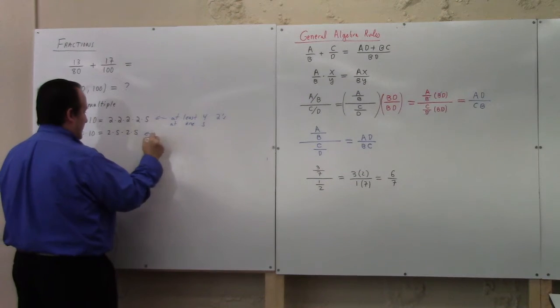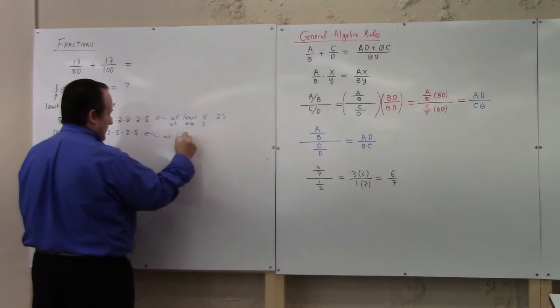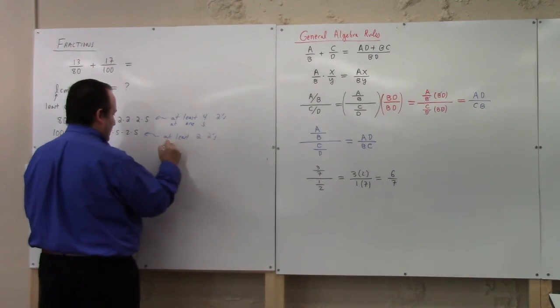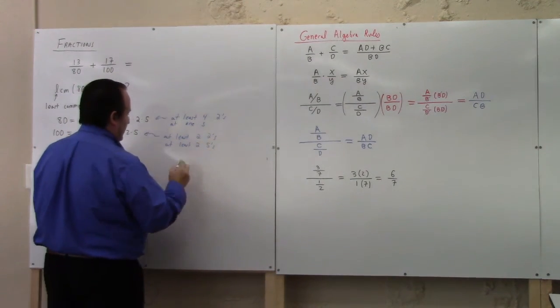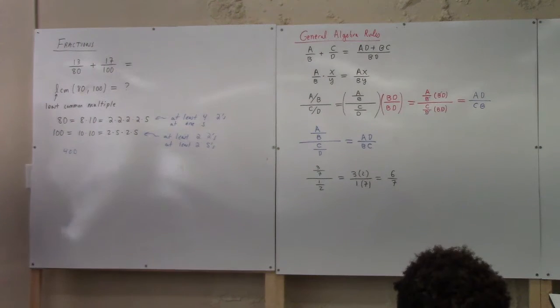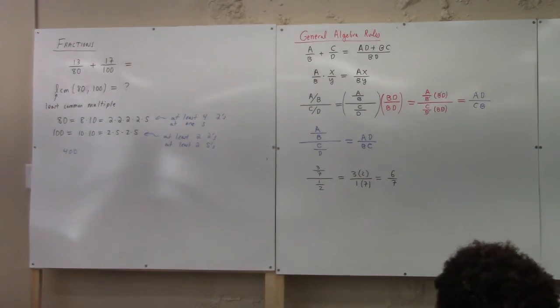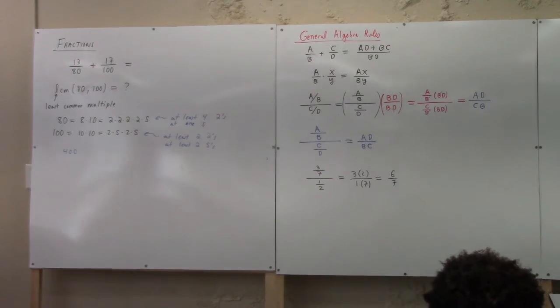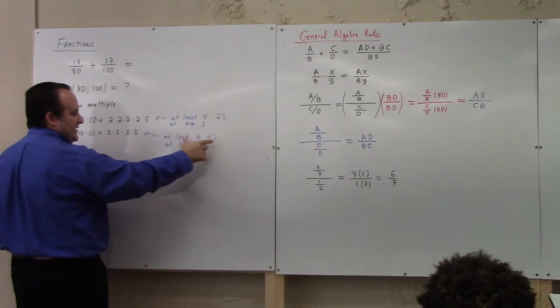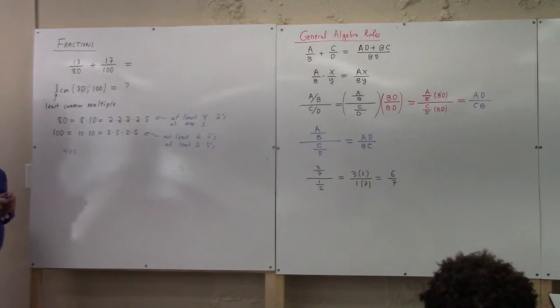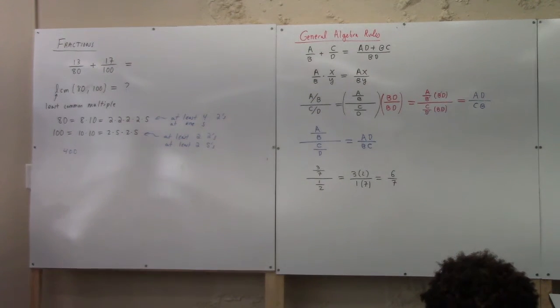From the second one, I need at least 2 2s and at least 2 5s. We need all of these conditions to be met for the least common multiple. If we have at least 4 2s, we automatically satisfy at least 2 2s, right? So the least common multiple should have at least 4 2s.